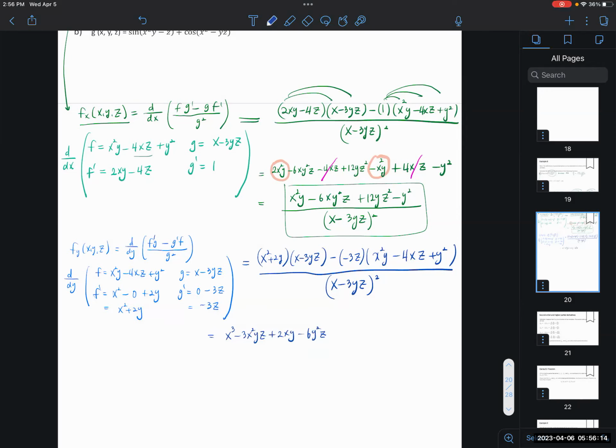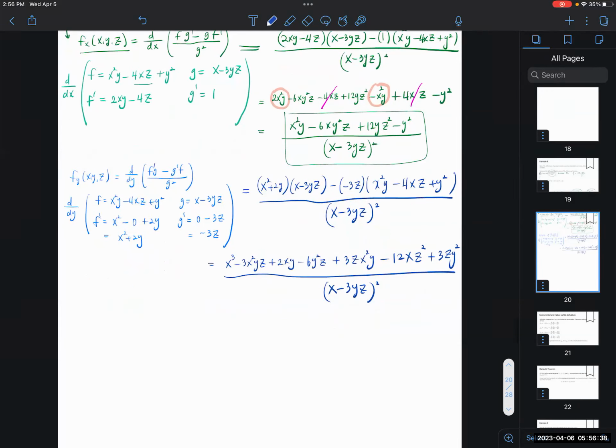And then this negative changes to positive 3. So positive 3z x squared y, and positive times negative, negative 12xz squared, positive 3zy squared, over x minus 3yz squared.